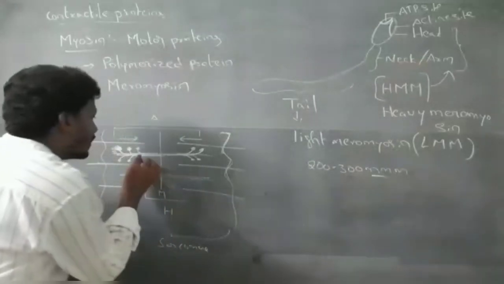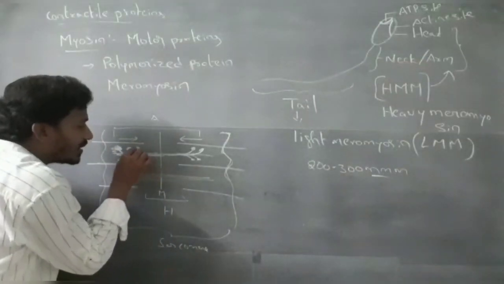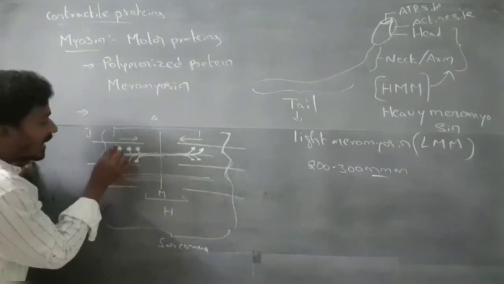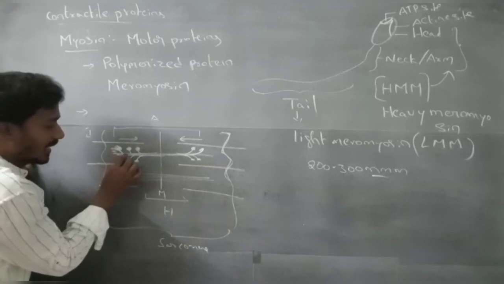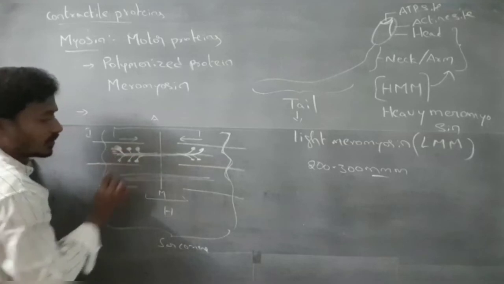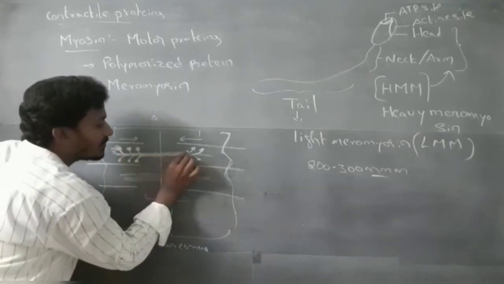Next. This is the head and this is the neck. The head and arms protrude outward from the surface of the thick filament.